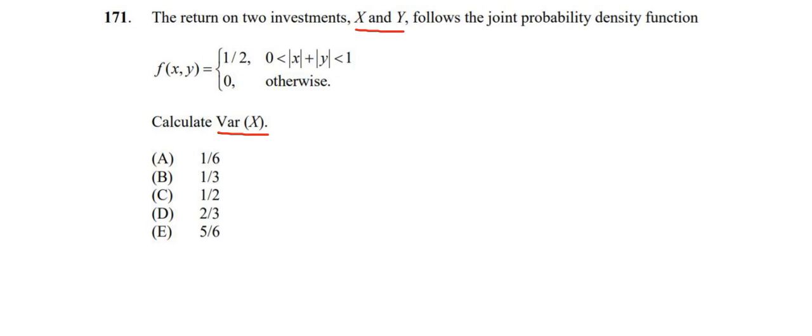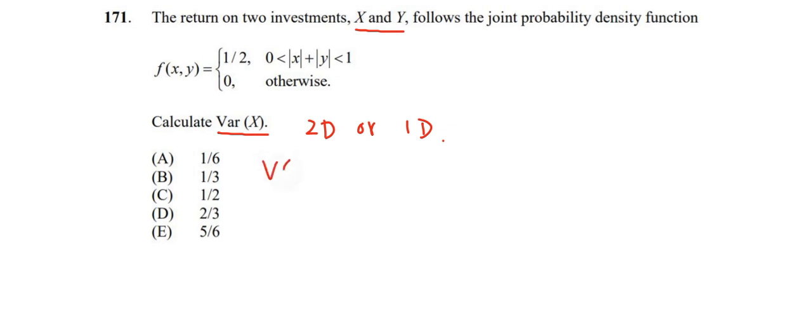We can regard it as a 2D or 1D, right? So 1D means we just focus on the marginal distribution for x. Okay. So for 2D, we just ask what is the variance of x.